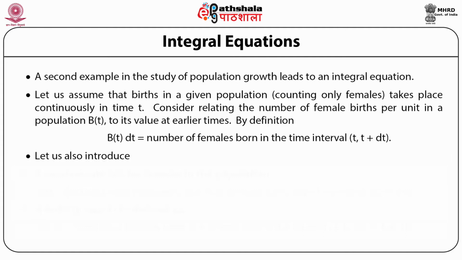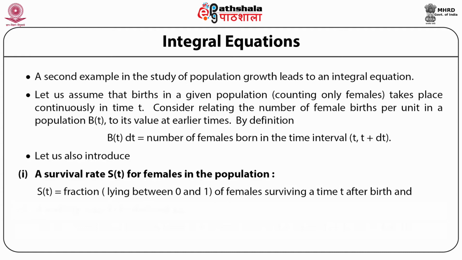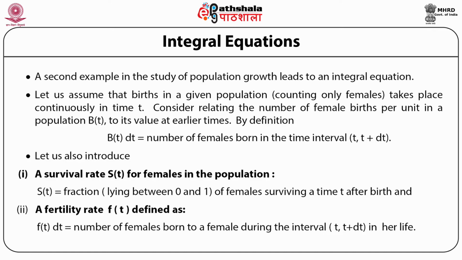So let us introduce a survival rate S of t for females in this population, where S of t is the fraction, lying between 0 and 1, of females surviving at time t after birth, and a fertility rate f of t, defined such that f of t dt is the number of females born to a female during the interval between t and t plus dt in her lifetime.